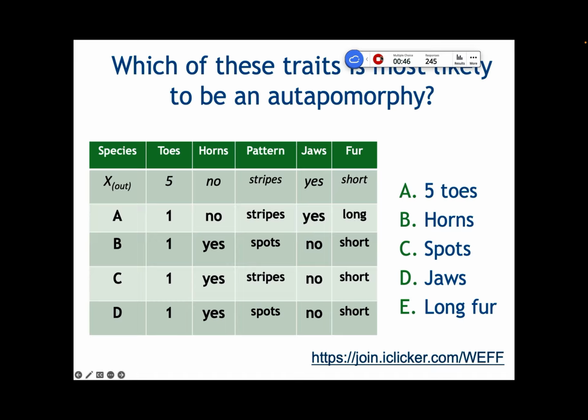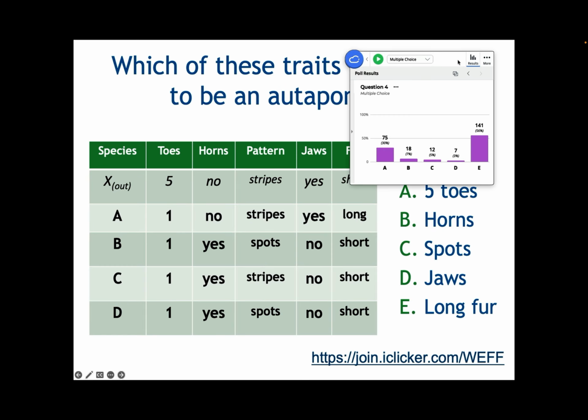So the only two traits that could be autapomorphies are A and E, because the other traits listed here are not unique. Yeah, okay, and people like A and E. Long fur is most likely to be an autapomorphy on here.